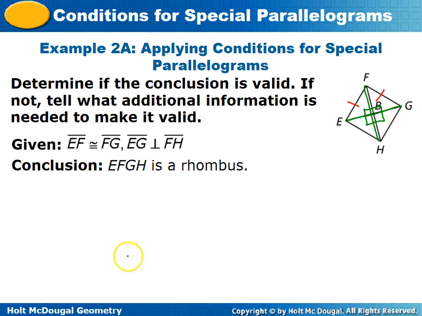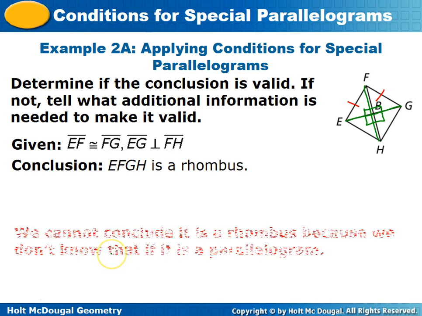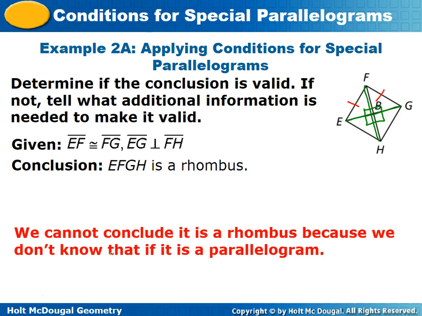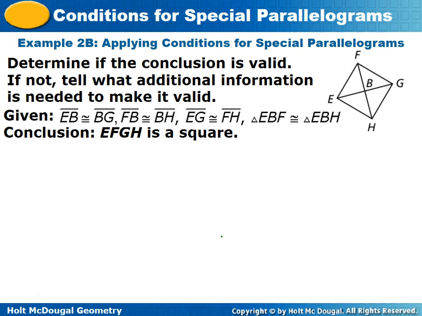What I would need to know is that either one of those individual conditions, we could use this one and say it was parallel, would be enough for me to say that it was a parallelogram, or the other one, this one. And it would be enough to tell me that it was a parallelogram. However, for a rhombus, I don't have enough information because I don't know that it's a parallelogram.